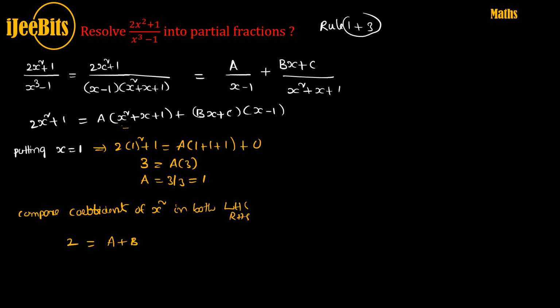So 2 = A + B, and A is 1, so 2 = 1 + B, and hence B = 1. You got A, you got B. Now you need to calculate the value of C. How do you calculate C? Maybe you can compare the constants on both sides.